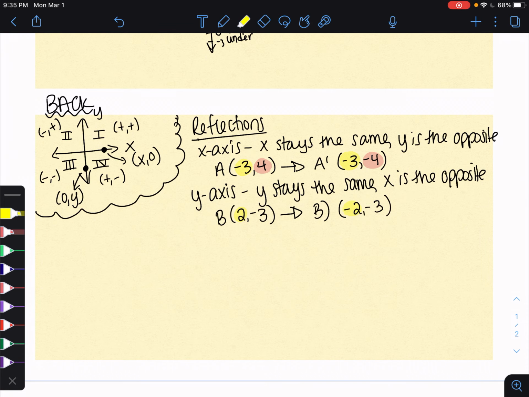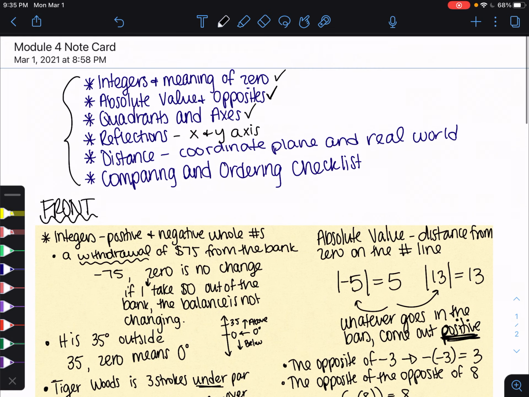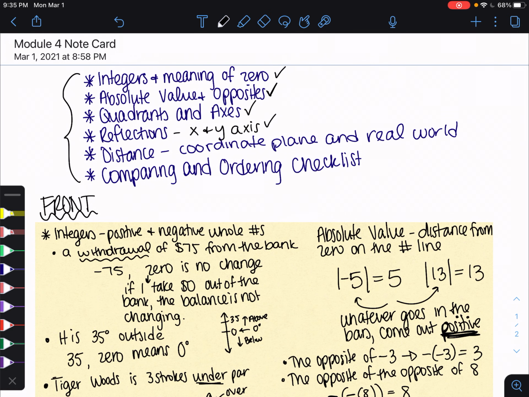This time x is the opposite, and y stayed the same. That takes care of reflections across the x and y axis.